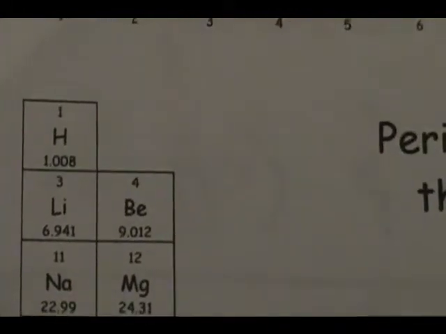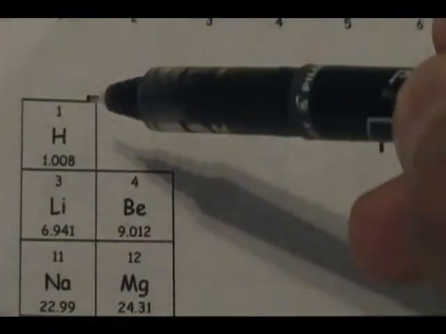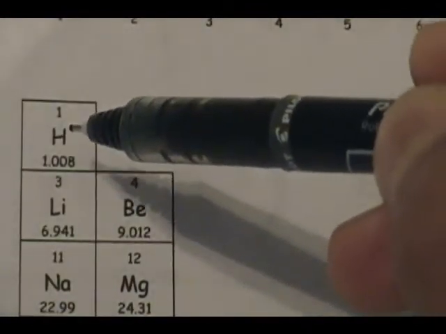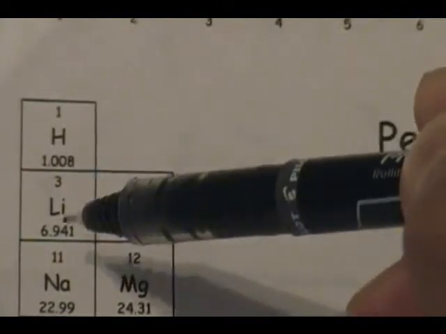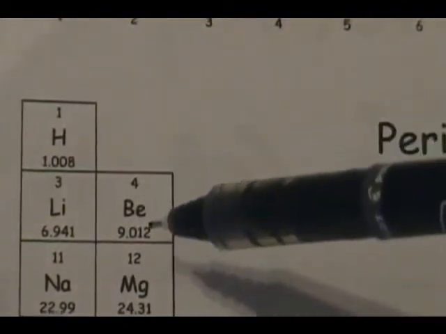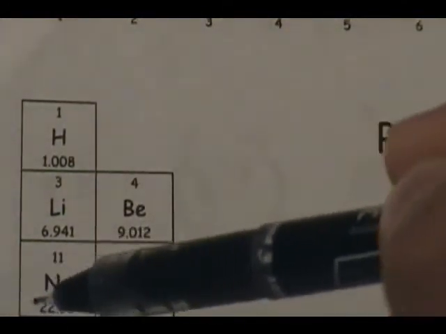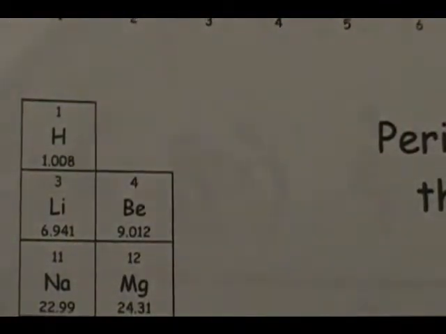The number up top is 1. That tells us that hydrogen has 1 proton. Look at lithium: it has 3 protons. Beryllium, 4 protons. Magnesium, 12. Sodium, 11 protons. Very important.